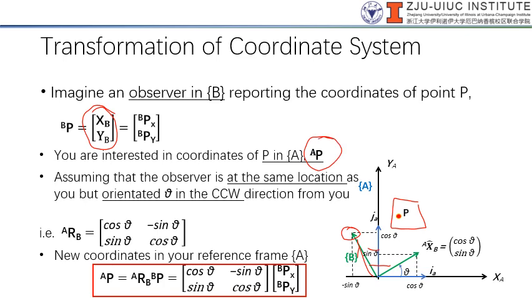So what we need to do is to find our relationship with this observer at B.